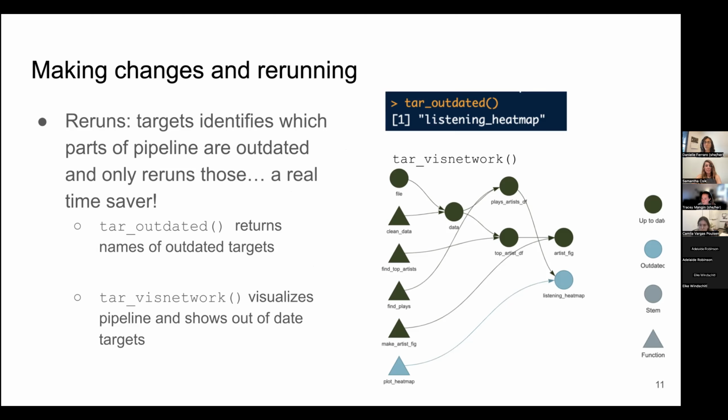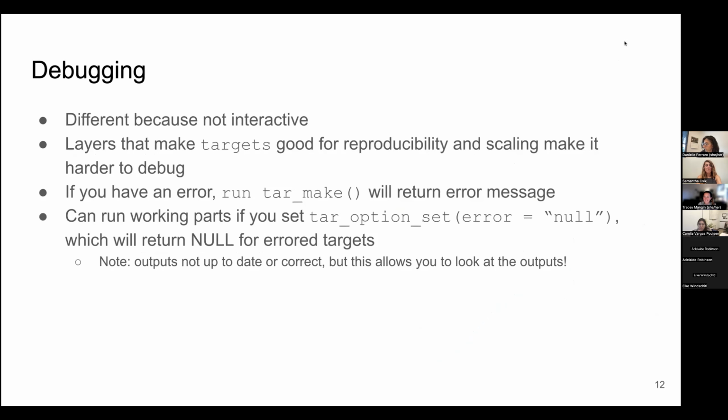So you can see in this example, the change made has affected this heat map plot that I've created, but everything else is up to date. So when you go to rerun it, targets is not going to rerun that part. Another function is tar_outdated, which will just return the names of targets that are outdated.